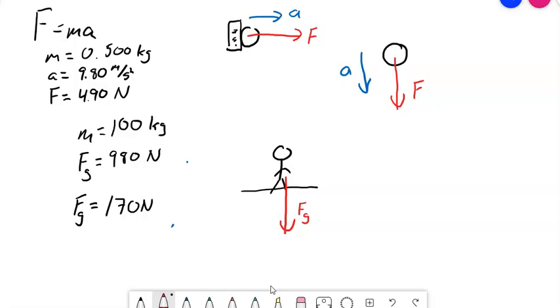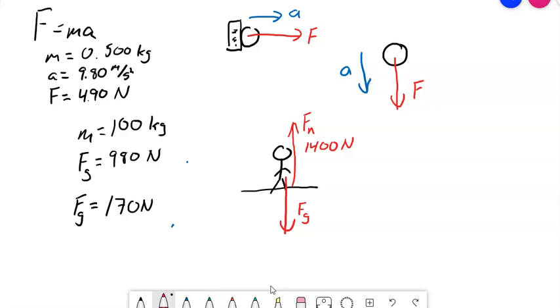So the surface is going to push back up on him, and so it's going to be an upward force, which we will call F sub n, a normal force. Let us say that the normal force is 1,400 newtons of force pushing downward.